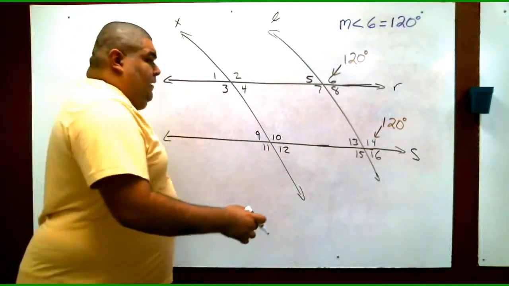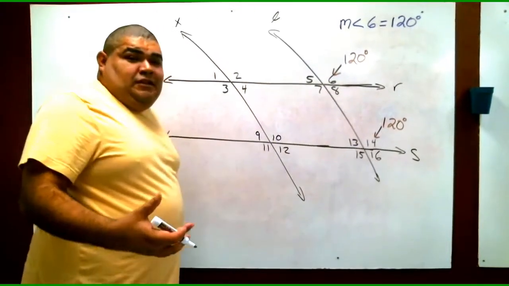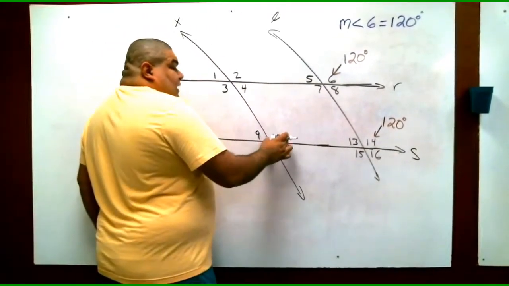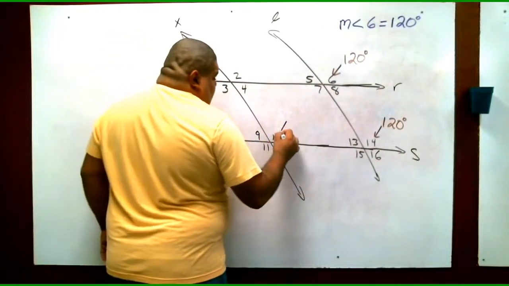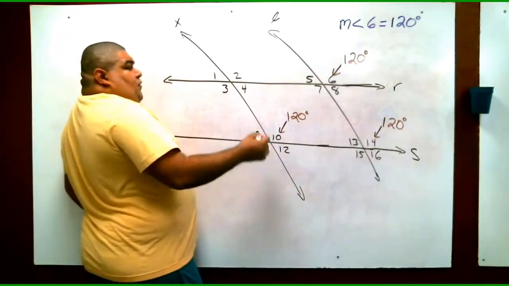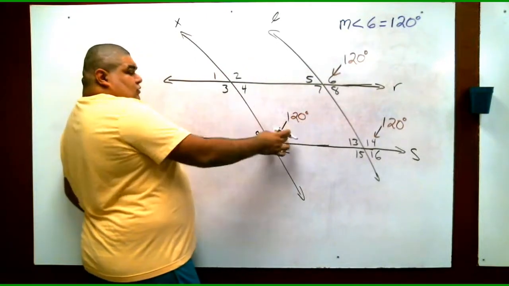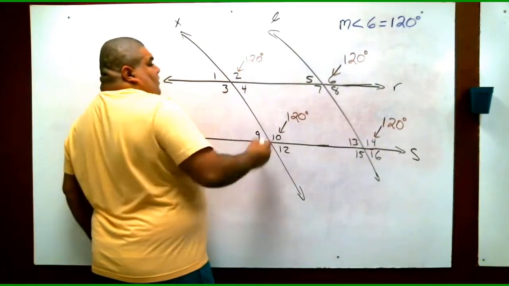Therefore, if we know that angle 14 is 120 degrees, then angle 10, by the same law of corresponding, should be 120 degrees. Therefore, angle 2, corresponding to 10, is also 120 degrees.